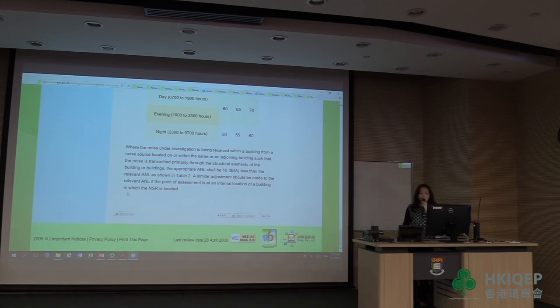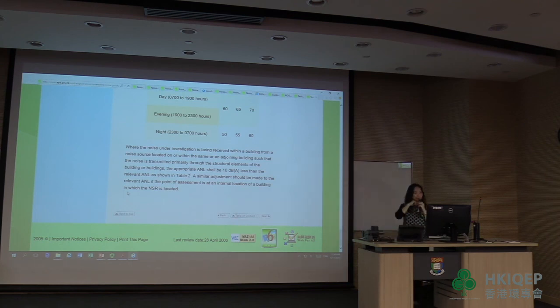It also mentioned that when the noise under investigation is being received within the building, because usually when we talk about the noise assessment point, it's 1 meter from the building facade. But in the case when the noise is received within the building from a noise source located on or within the same or an adjoining building, what does it mean? Maybe you have a plant room above your room, but you're hearing structure-borne sound, the noise comes through the structure.